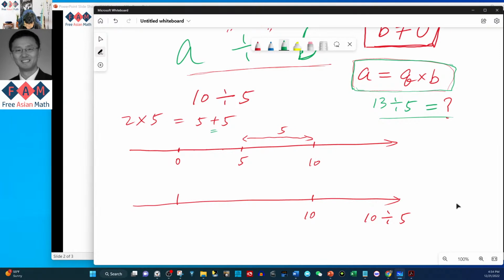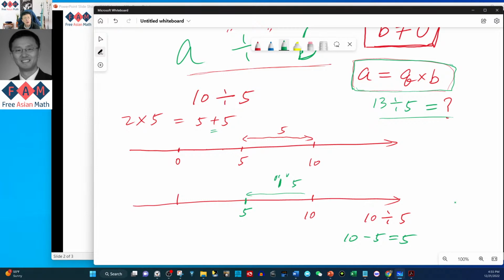So we have a 10, we go this way, we subtract 5 from 10. And we know that is 5, right? 10 subtract 5 equals 5. So this is the first copy, the first 5 that we subtracted from 10, and we arrive at 5. But at that point, we will continue.